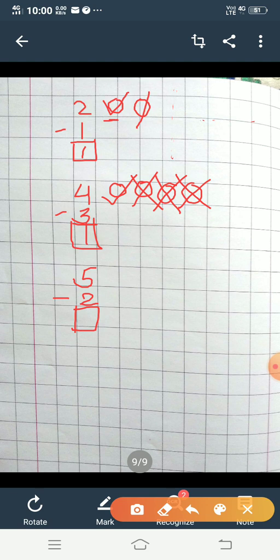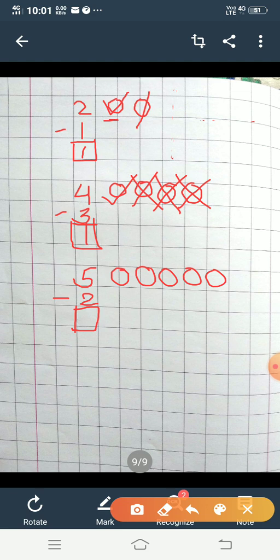So, how many circles will we draw here? 1, 2, 3, 4, 5. Why are we drawing 5 circles? Because the bigger number is 5. We can subtract the smaller number from the bigger number.